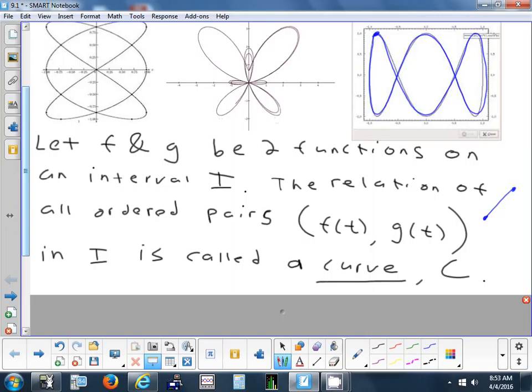If you take all these ordered pairs and graph them over this interval, we get what's called a curve. The word curve is used kind of loosely here. Curve doesn't mean it has to bend. Technically, a line segment we would call a curve. It's just the name, it's just a graph, a picture.